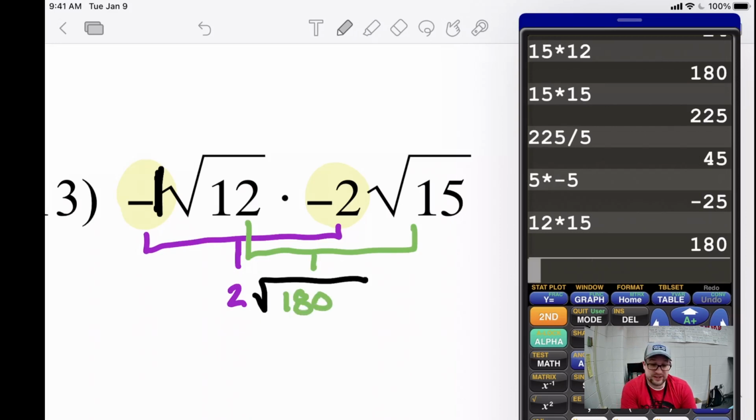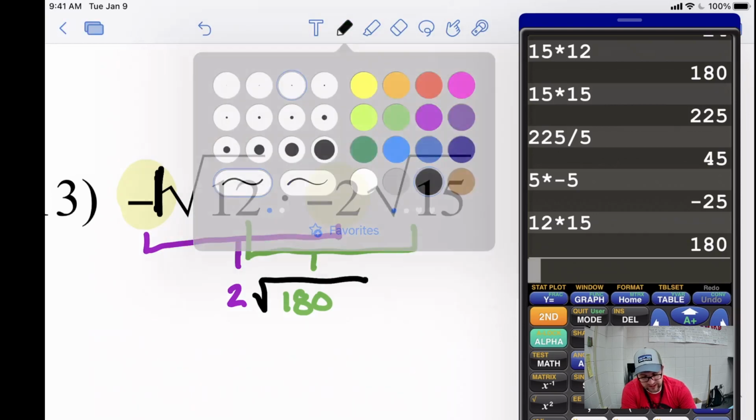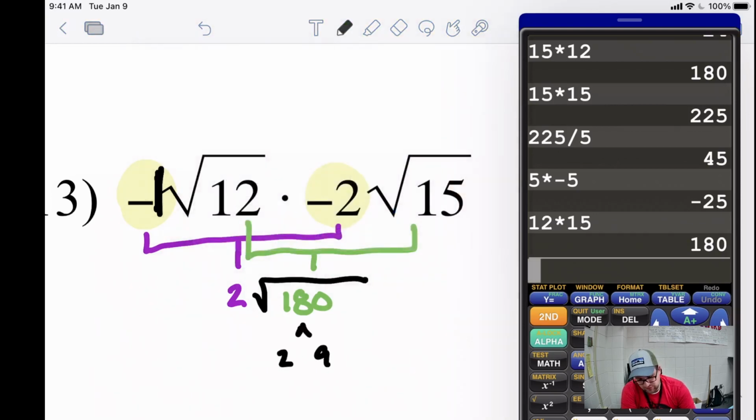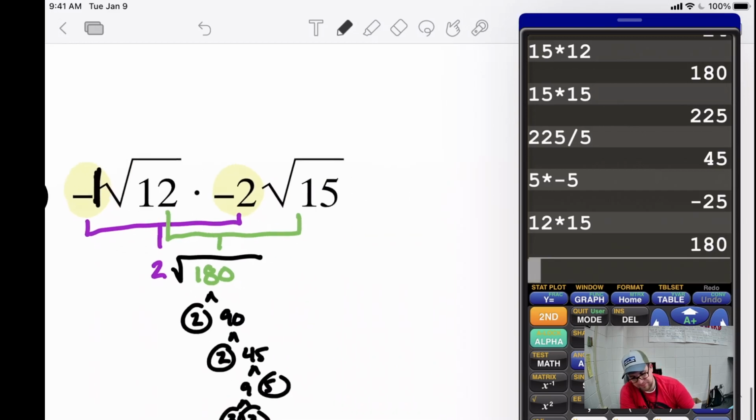Now we just need to simplify. So let's break down 180. 180 would be 2 and 90. 90 would be 2 and 45. 45 would be 9 and 5. And 9 is 3 and 3. So my code would be 2, 2, 3, 3, 5. So when I rewrite this, I'm going to have a 2 on the outside.